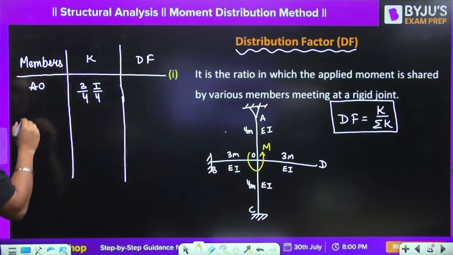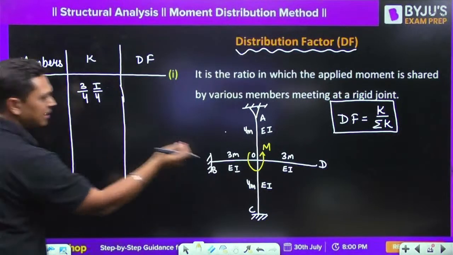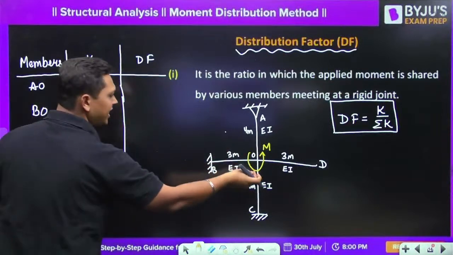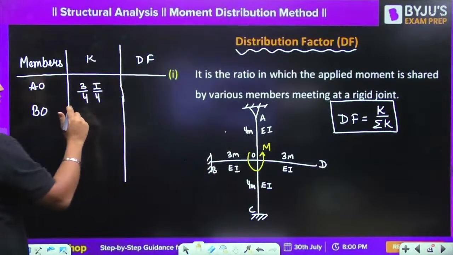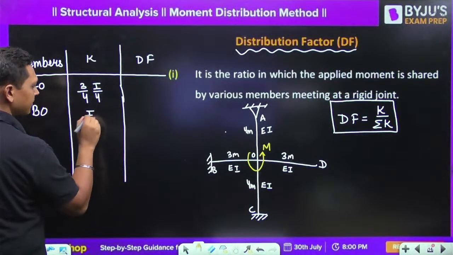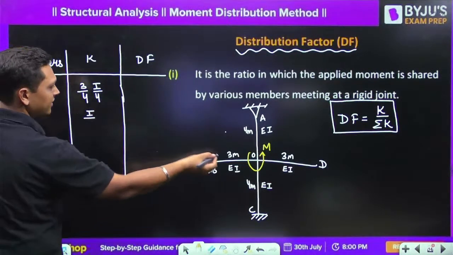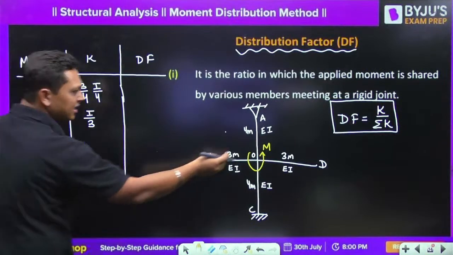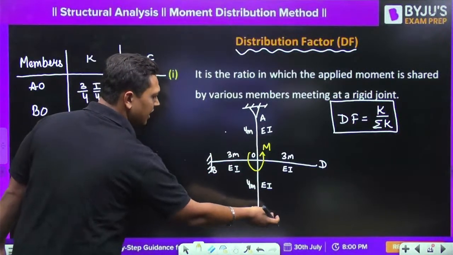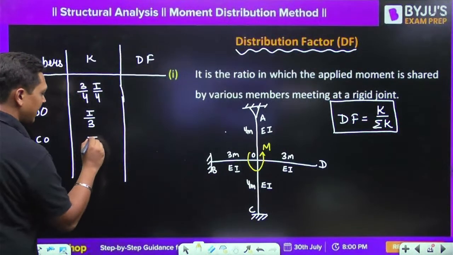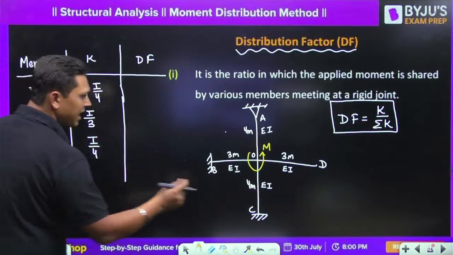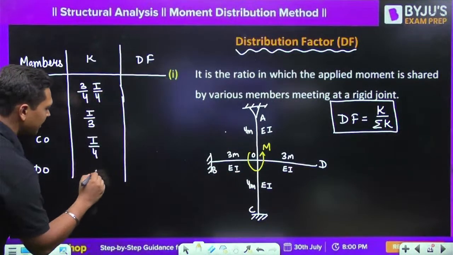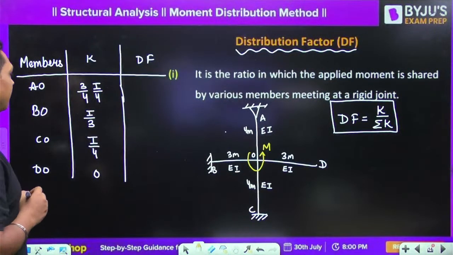Alright. Then member BO. Now in the member BO, the far end is fixed in this case. And when the far end is fixed, the stiffness factor is I by L. Then CO member, in this member also the far end is fixed, so the stiffness factor is again I by L. And lastly, the DO member, the far end is free, in this case the stiffness factor is 0.